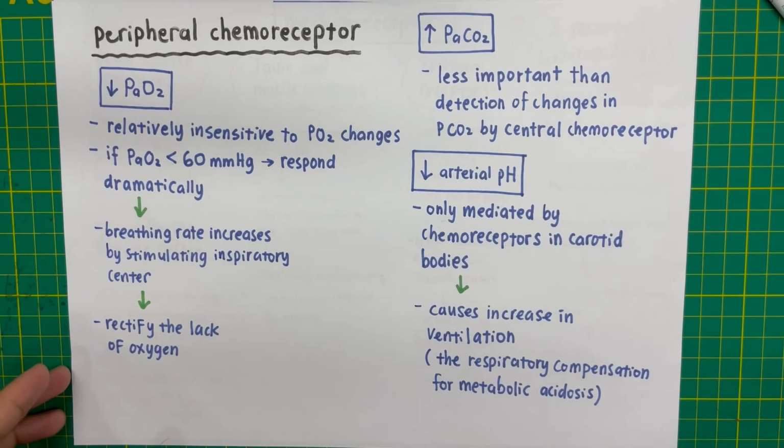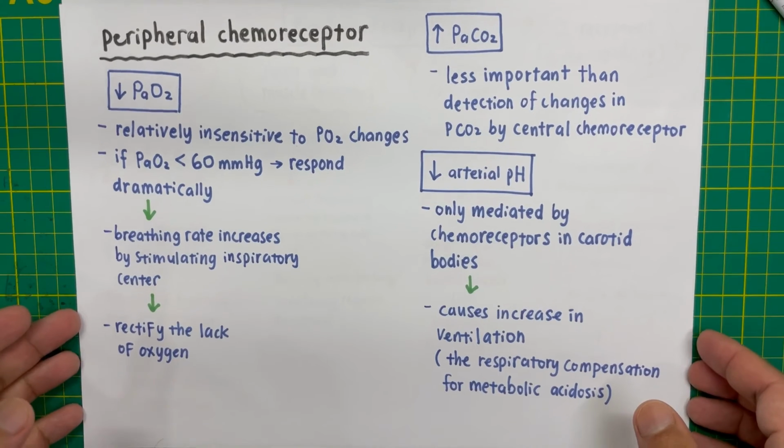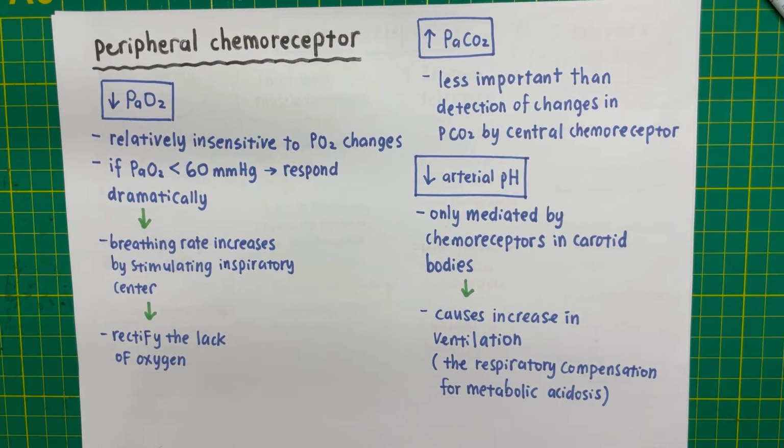Regarding the peripheral chemoreceptors, they will detect arterial partial pressure of oxygen if it is less than 60 millimeters of mercury. They will respond dramatically, but if the partial pressure of oxygen is more than 60, they are relatively insensitive.